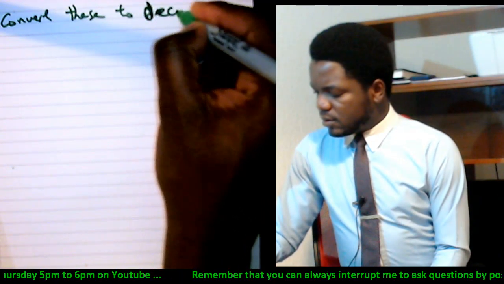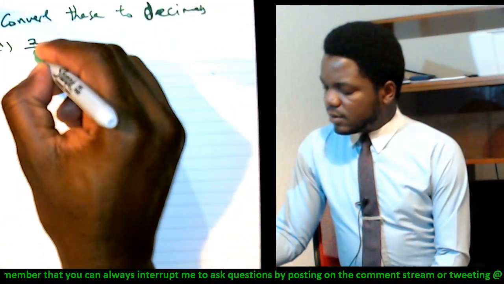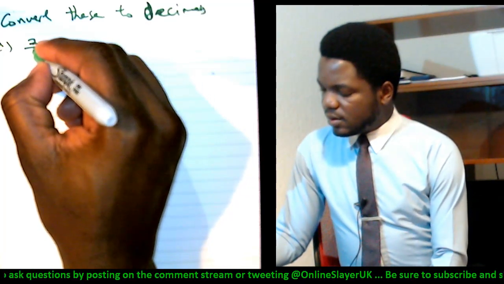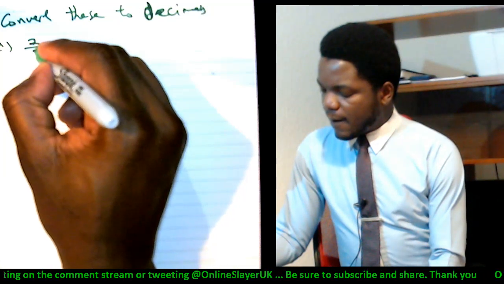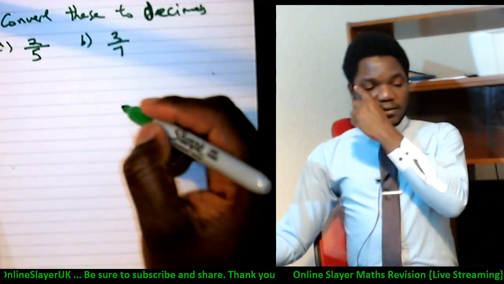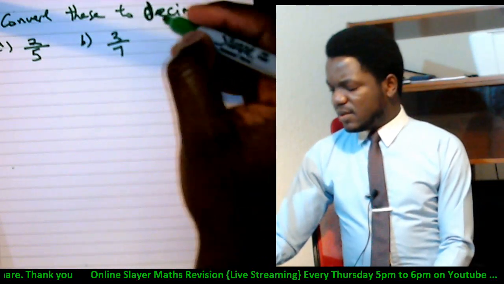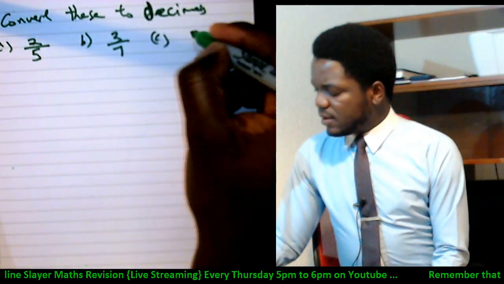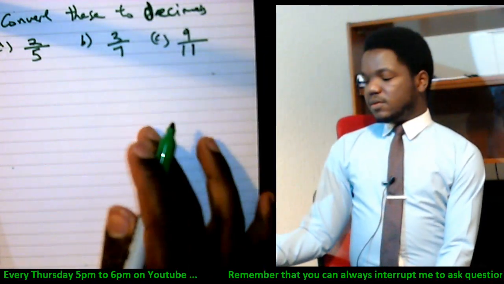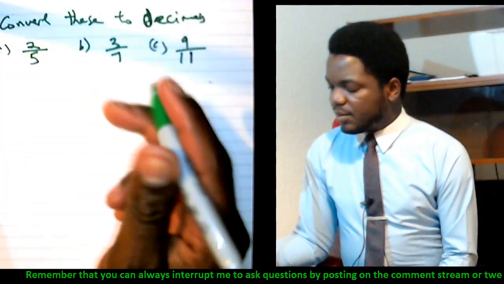A, 2 over 5. B, 3 over 7. Now 3 over 7 is going to be recurring, and it's going to be unending. You'll see that soon. And then C, 9 over 11, also going to be recurring, unending. You'll see that.